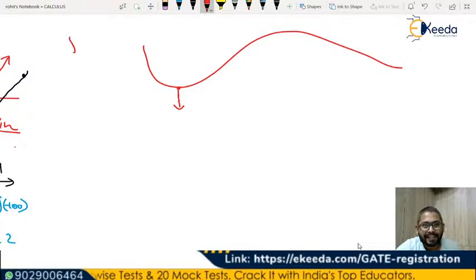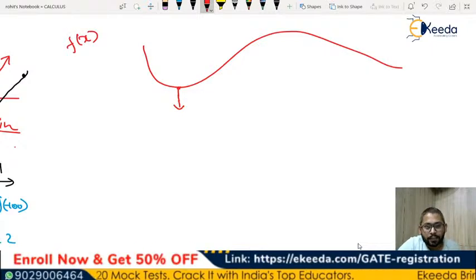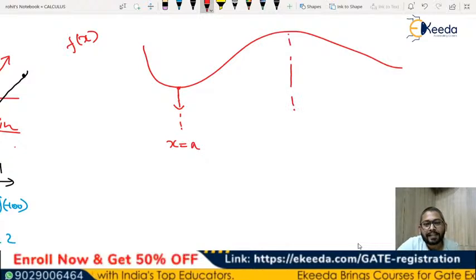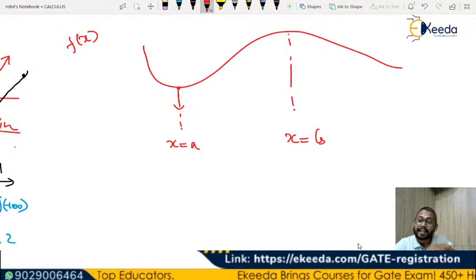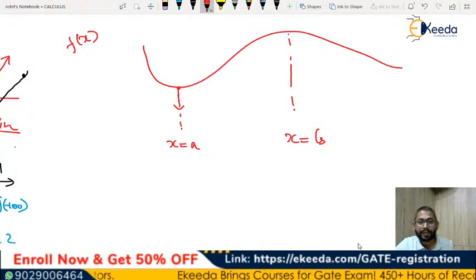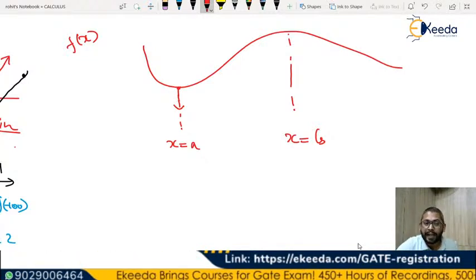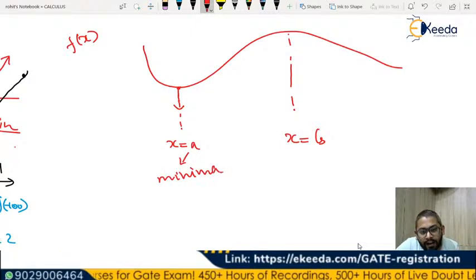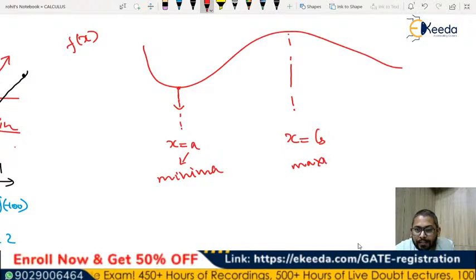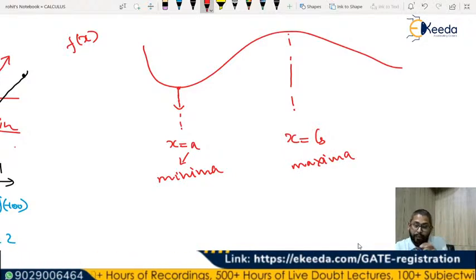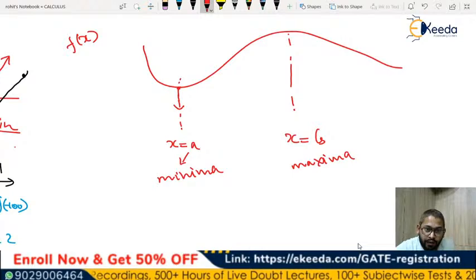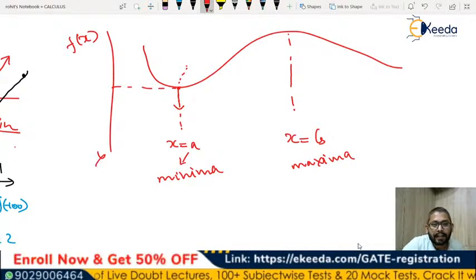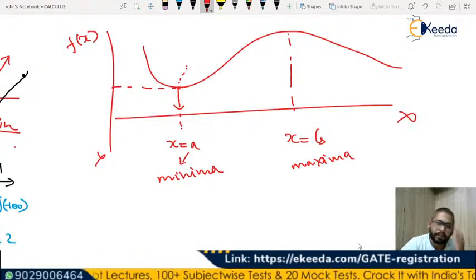This is f of x, and let's say this point is x equals a, this point is x equals b. Please check the recorded classes, that will help you. So x equals a and x equals b are minima, x equals b is a maxima, right? But the value, let's say this is the y-axis and this is the x-axis, fine.